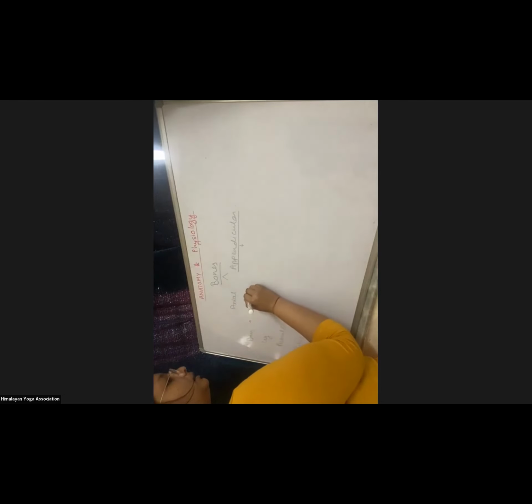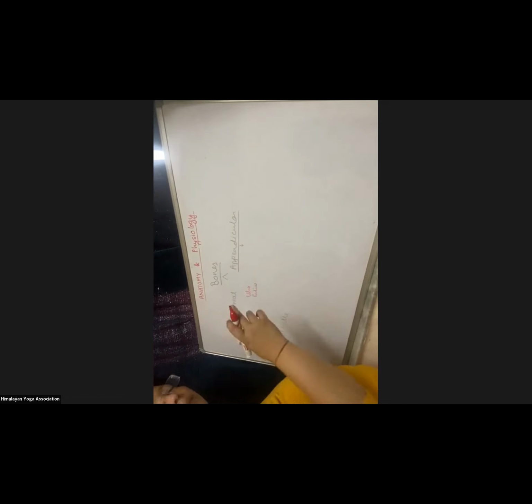So what bones are covered in this? In arm, can you tell me the bones of the arm? It's radial bone and ulnar bone. Yes, ulna and radius. The upper arm bone. It's a humerus bone. Yes.